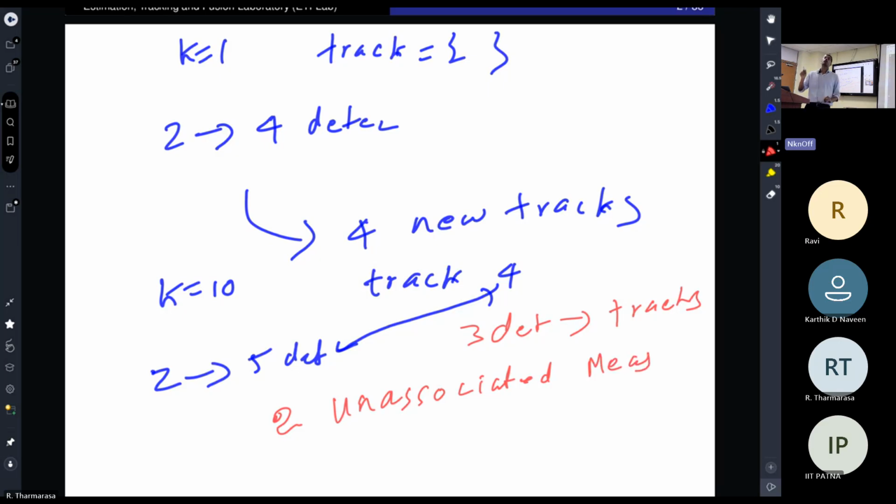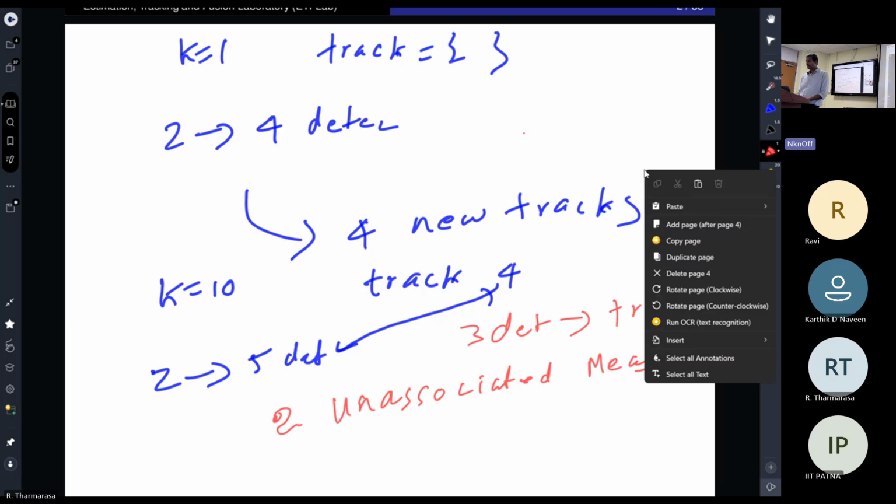You understand? This is the important part. So you find the measurements that are not associated to any of the tracks. Is that clear? Then how many new tracks are we going to create? Only 2, correct? I will talk about the data association next.